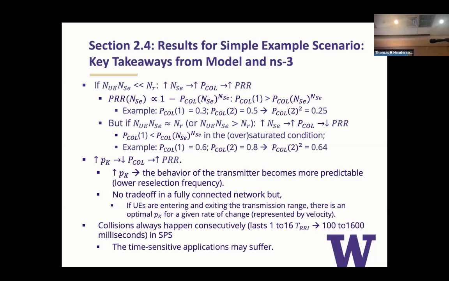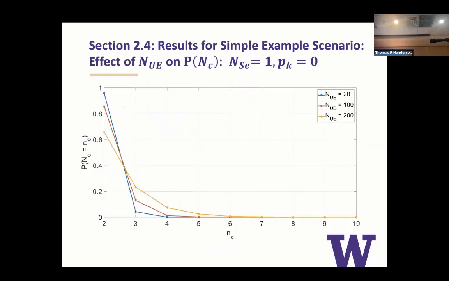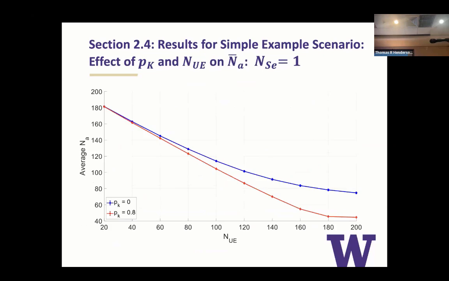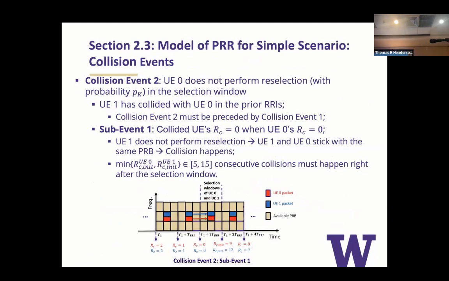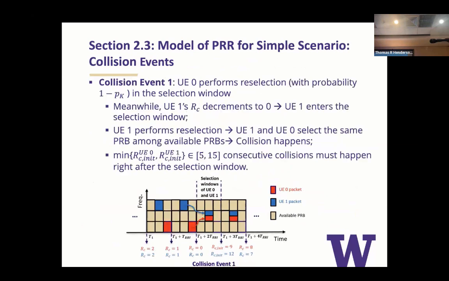Maybe we can count the different scenarios. When a collision event happens, we can actually calculate the probability, but we haven't tracked that. We can calculate the number of consecutive collisions in each collision event. Thanks for the suggestion.